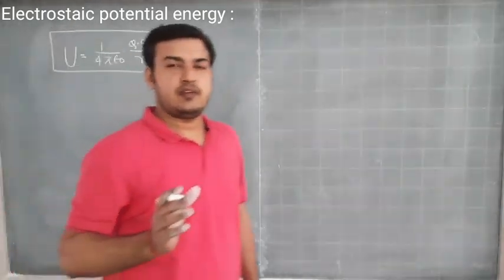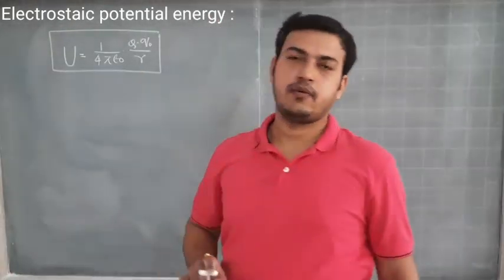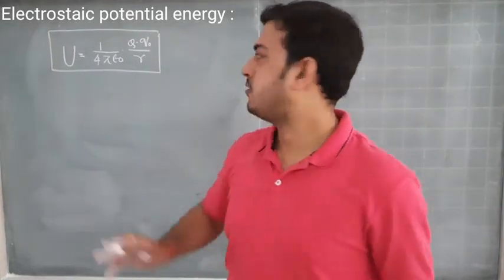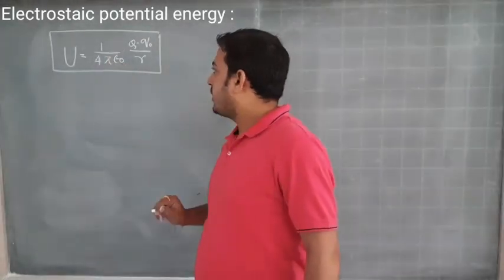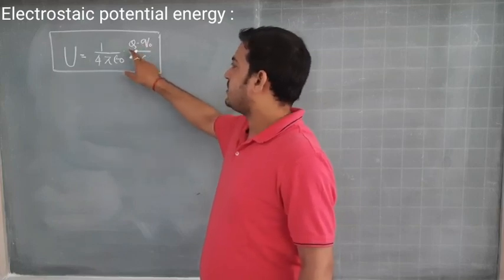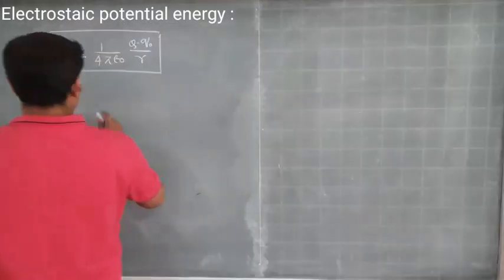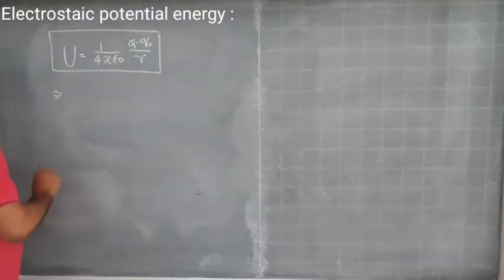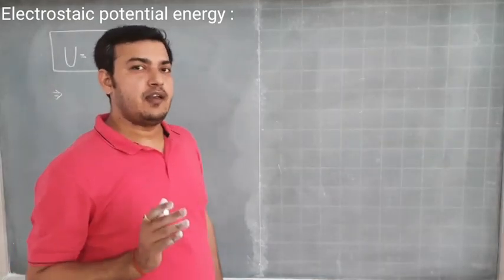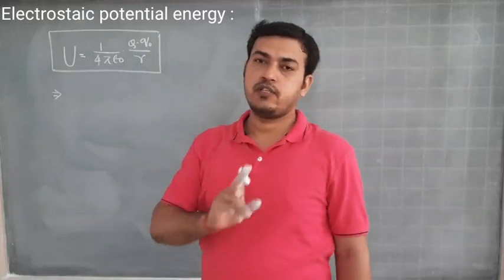So, if I have two charges placed at a distance of r, the electrostatic potential energy of that system will be 1 by 4 pi epsilon naught q1 q2 divided by r, because my first charge was q, and the second charge was the test charge. Here there is an important thing to know: while calculating the electrostatic potential energy, you have to put these two charges with proper sign.